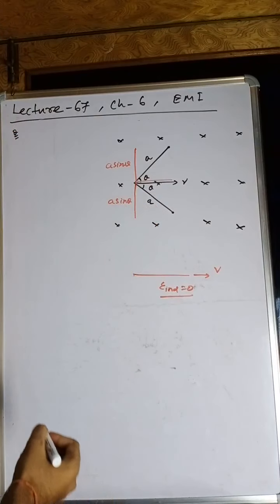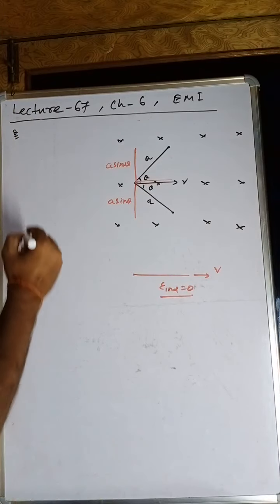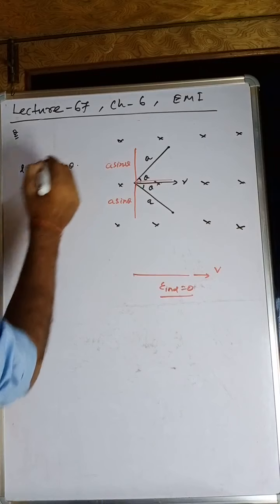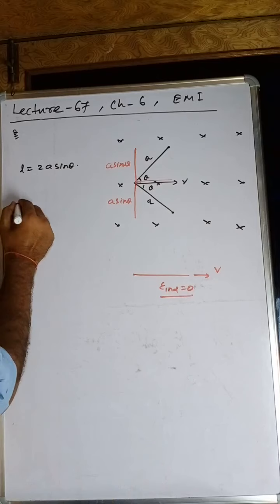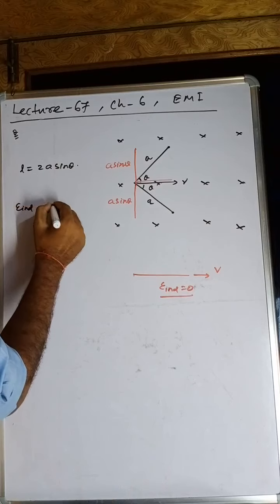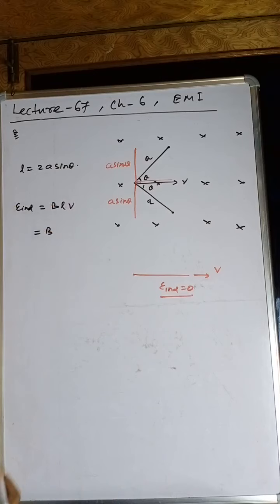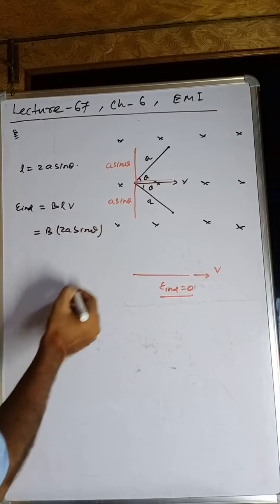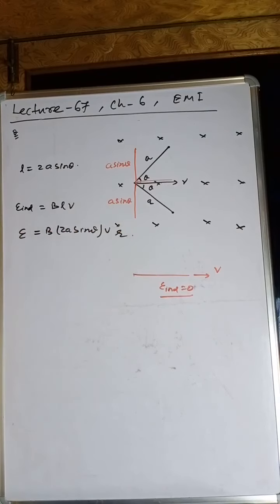Now, what will be the entire length of the rod? The total length is 2A sine theta. Now it's very easy, you can write the answer directly. E induced is BLv, B is uniform, L becomes 2A sine theta, and B is given. So this is the answer. Okay, my dear students?